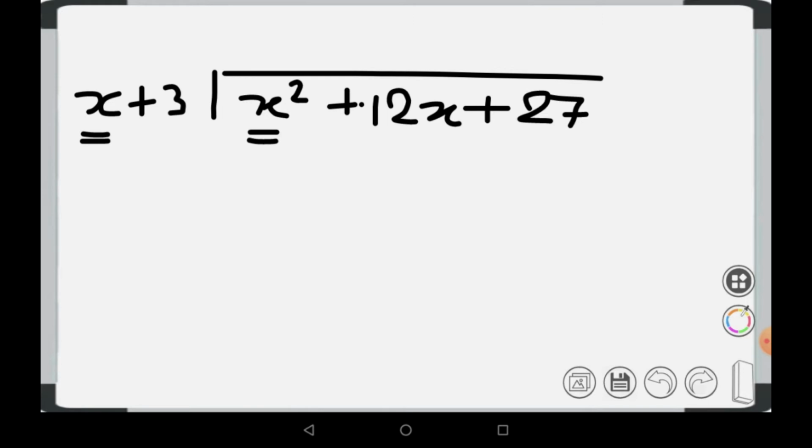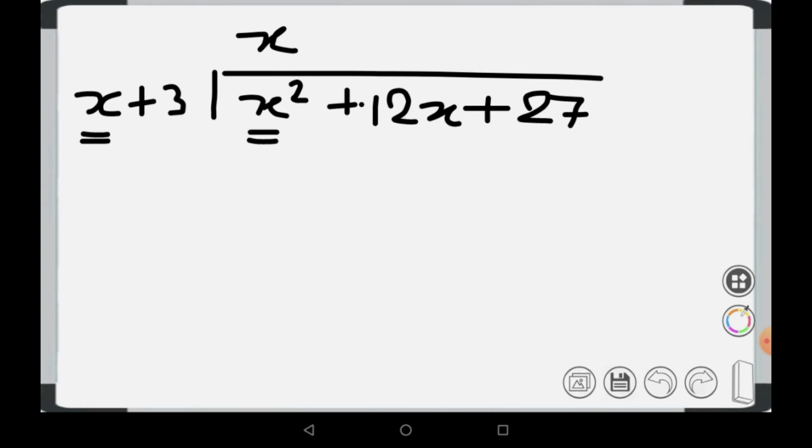In the divisor, what will you multiply in order to get the first term in the dividend? This is a very simple example. So from this we can say that we need to multiply x with x to get x square. So the first step is to multiply by x.